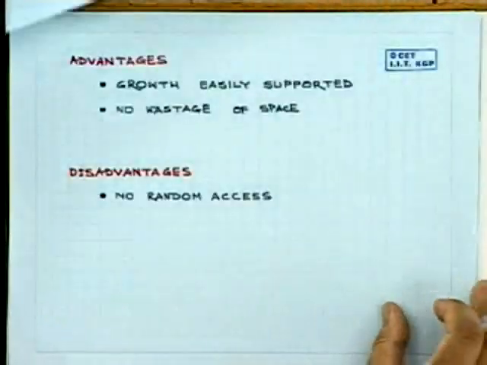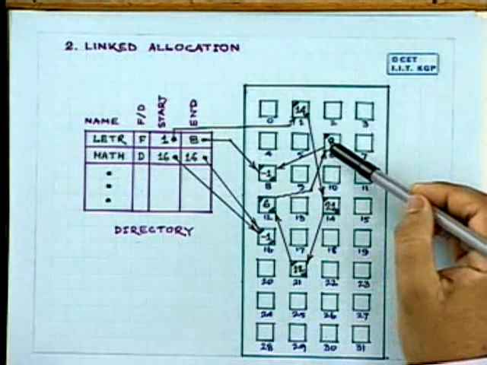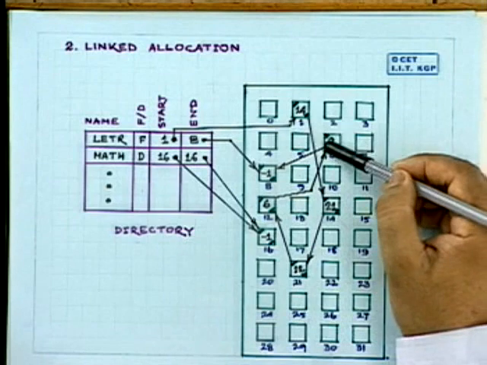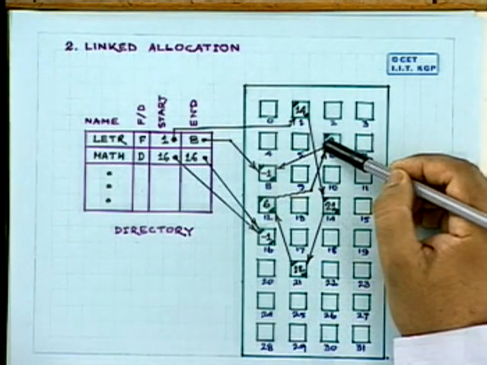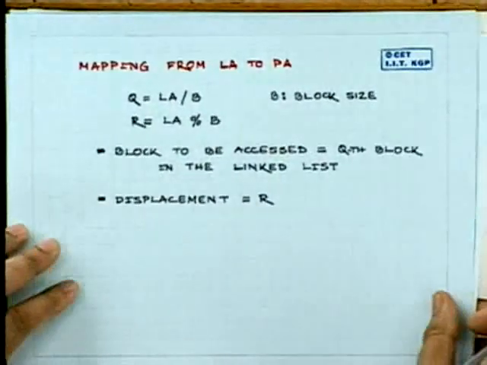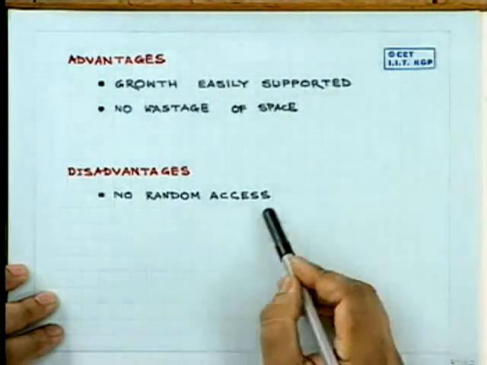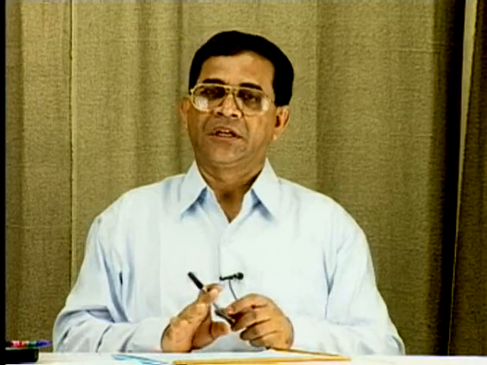That means once you have come over to the block, you can go to the rth displacement to find that logical record. Because our access strategy will be like this, we cannot have a random access. For example, if a logical record number is given, we cannot straight go to a particular physical block and find that logical record.